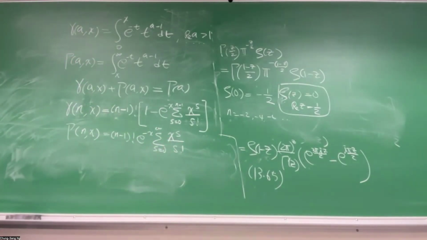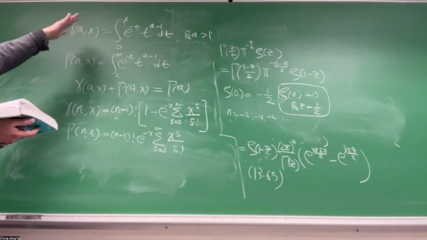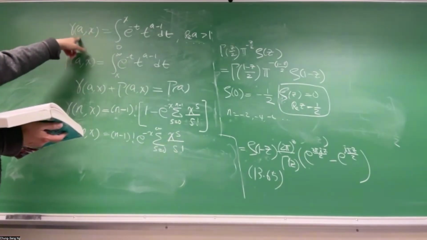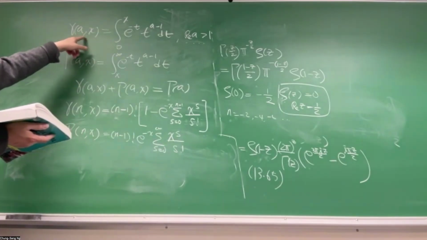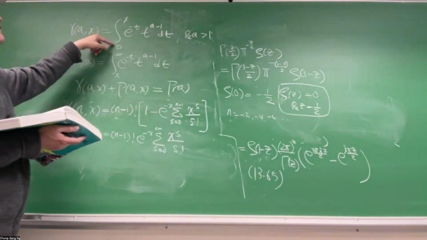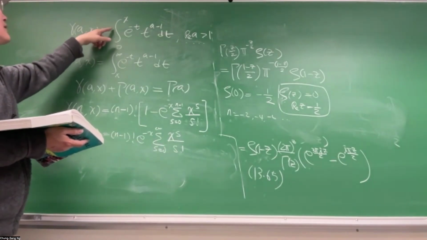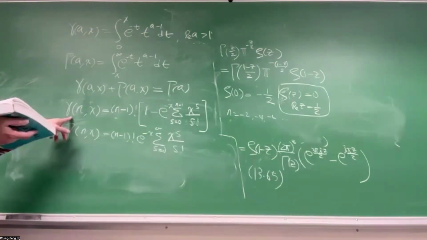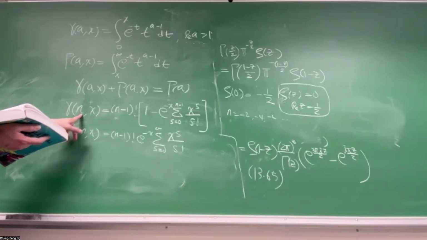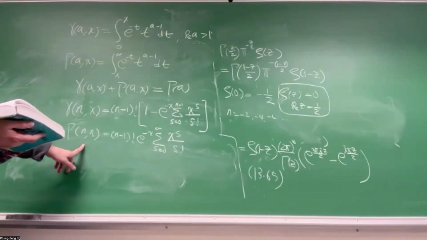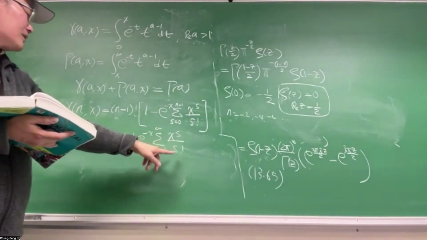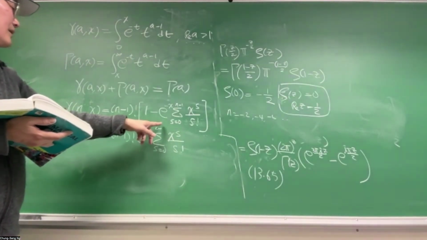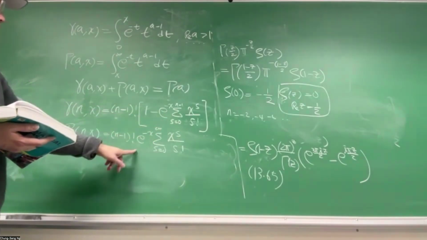Okay, so this incomplete gamma function is in some sense more complicated, because now you have two arguments instead of just one argument, and the integral has a variable limit. But at least for some special cases, special values of a, it just becomes like a power series, except you multiply by an exponential function.